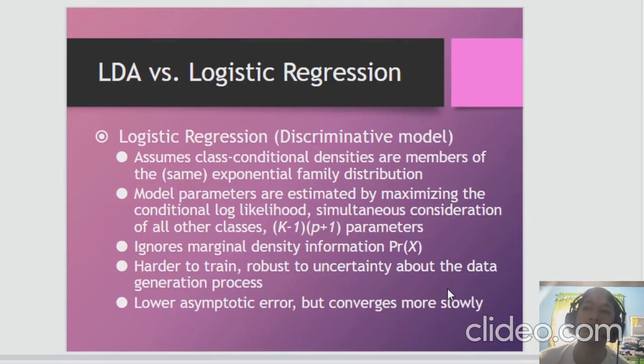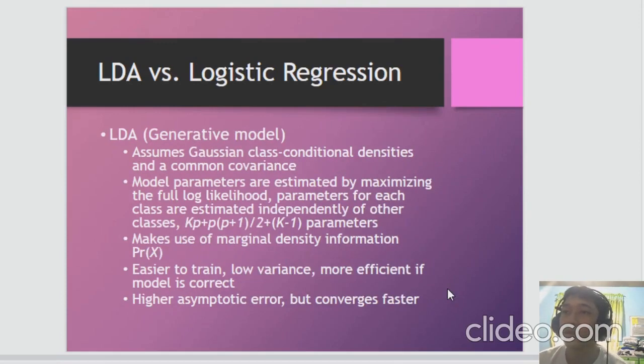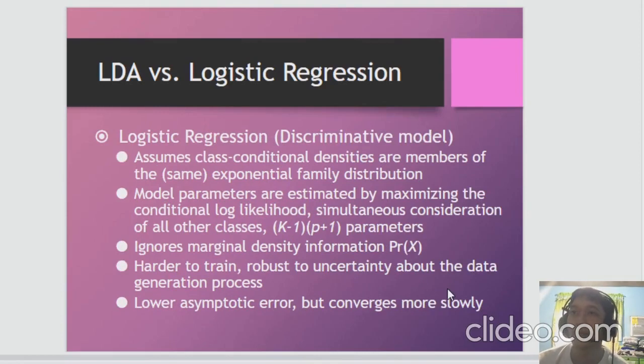Simultaneous consideration of all other classes. Ignores marginal density information. Harder to train, robust to uncertainty about the data generation process. Lower asymptotic error but converge more slowly. But dito is higher asymptotic error but converge faster. Baliktad sila.